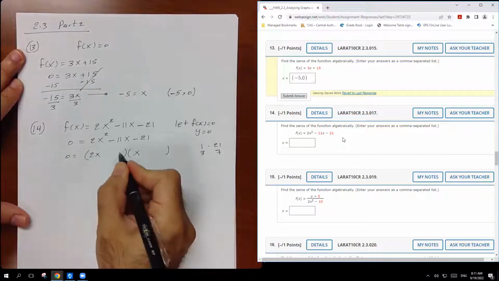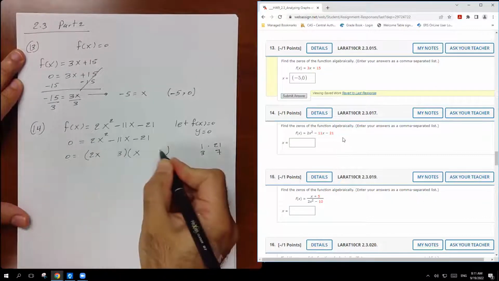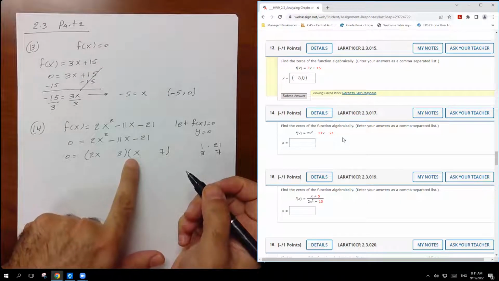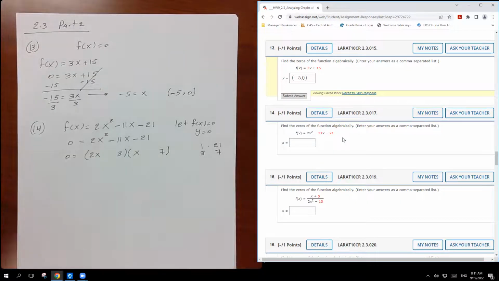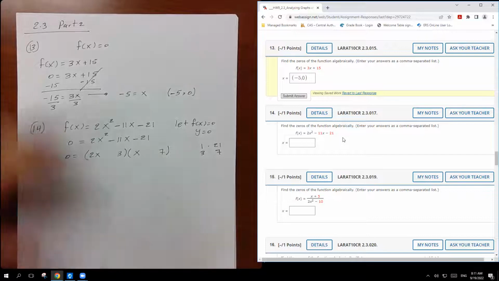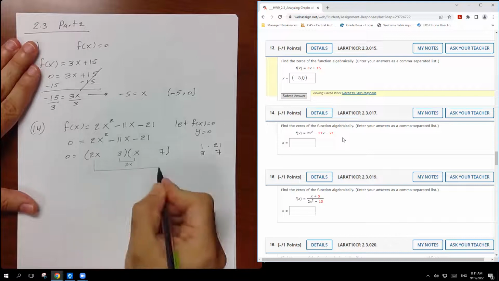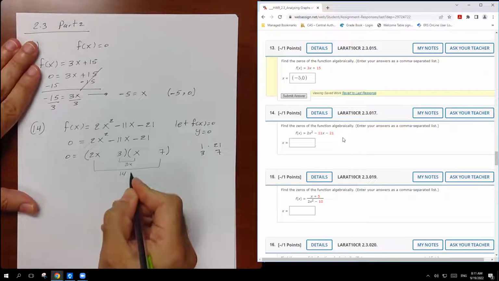So I'm going to put the 3 here and 7 here. So now 3x and 7. Another one. This is 3x and this one is 14x.